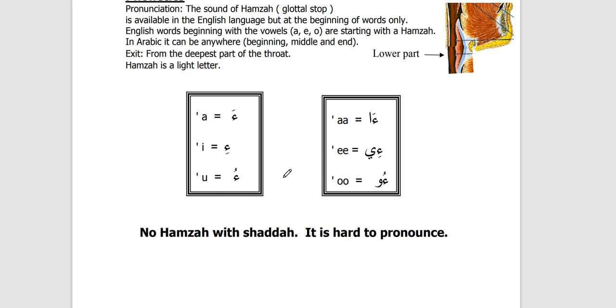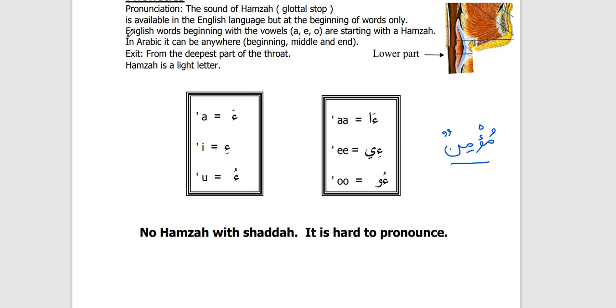So remember, there are words, for example, mu'min. You may have come across this word in the Quran. Mu'minun. How do you pronounce this word in the Quran? Do you pronounce it as mu'minun or mu'minun?